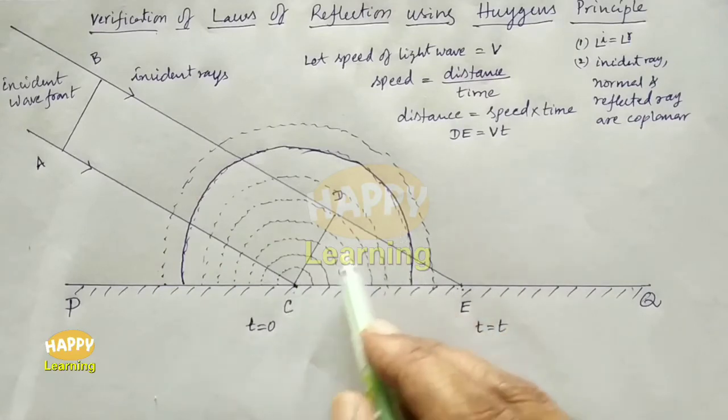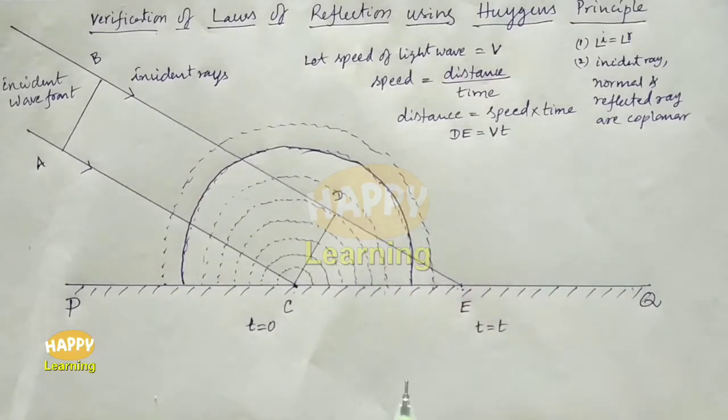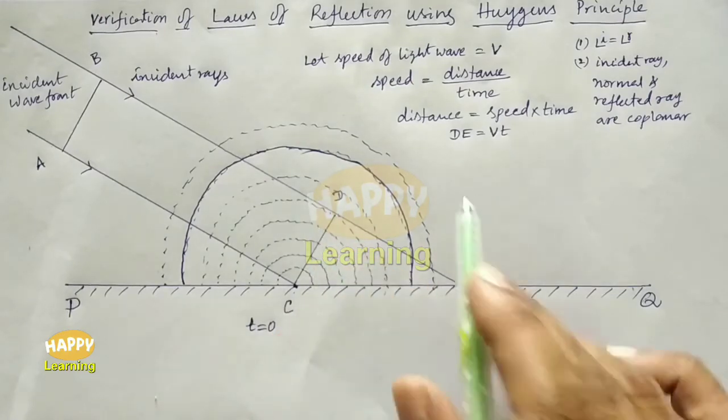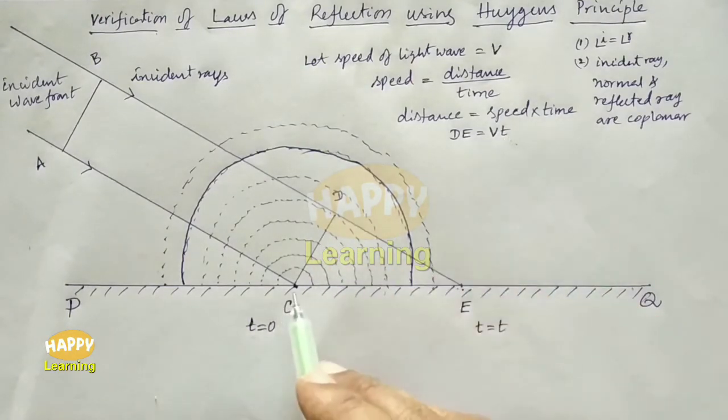This radius of the secondary wavelet should also be equal to Vt, because here it has taken a time t, so the distance traveled will be Vt.